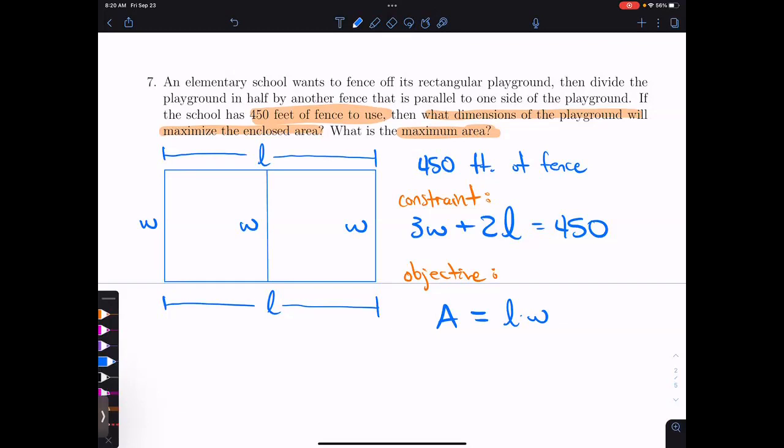The thing that's going to be different in these problems, and you'll see several examples in homework, is the geometry here. The number of sides changes this. These two things are tied together. The diagram, the geometry, gives you the constraint. Once you have that, the process is going to look pretty similar. So what I would do here is take this and solve either for L or for W, doesn't matter which.